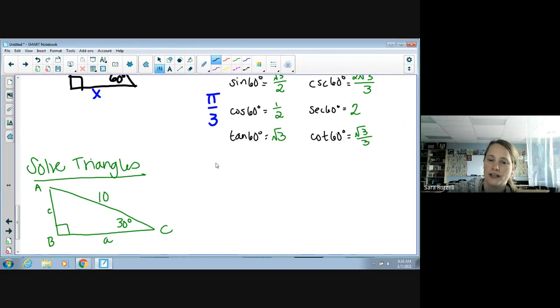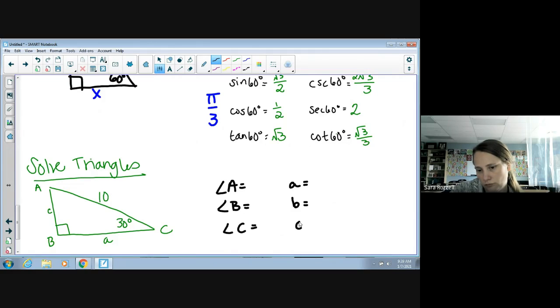So for this, I always write down all 6 of the things, the 3 angles and the 3 sides, just so I know what I need to fill in. In case you guys forgot, the lowercase letters represent the side that's across from that angle. So like a capital B, across from that is a lowercase b. A capital C, across from that is a lowercase c for the side.